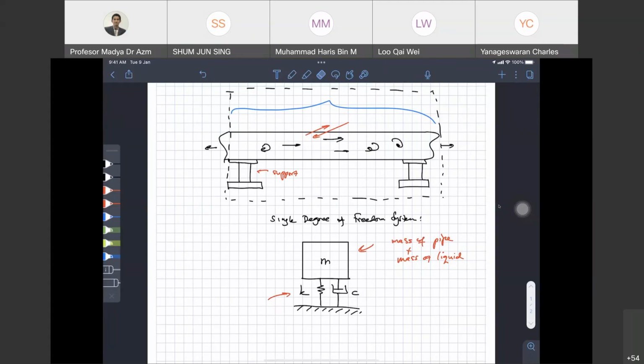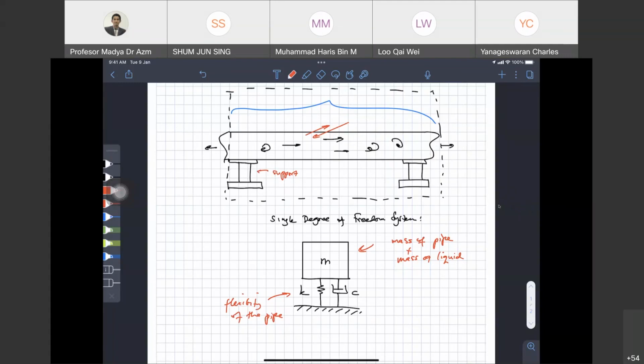Flexibility of the pipe. How flexible the pipe is moving. So because the pipe here in these locations is not restrained, it's just free moving. It's just resting on the support.